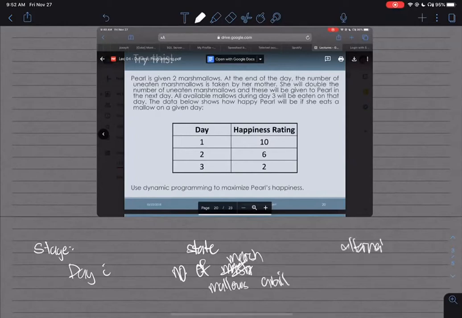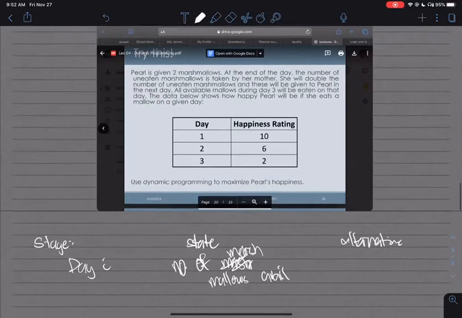Alternative, Gem? Yung happiness rating po. Not quite. Alternative is, at that stage, on your decision period, ano yung decision na gagawin mo? Sir, sabi mo, ang alternative natin is happiness rating.